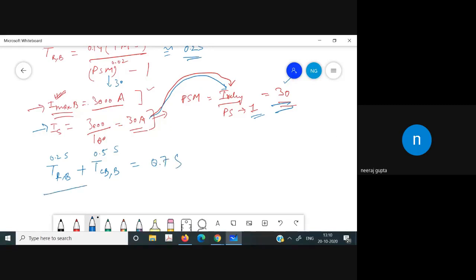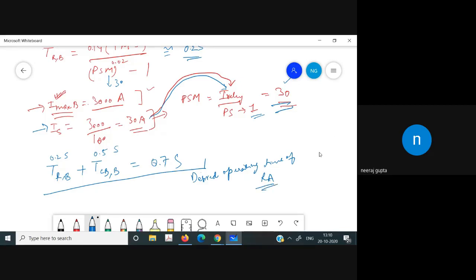So the total time is 0.7 seconds. It is the desired operating time of RA.